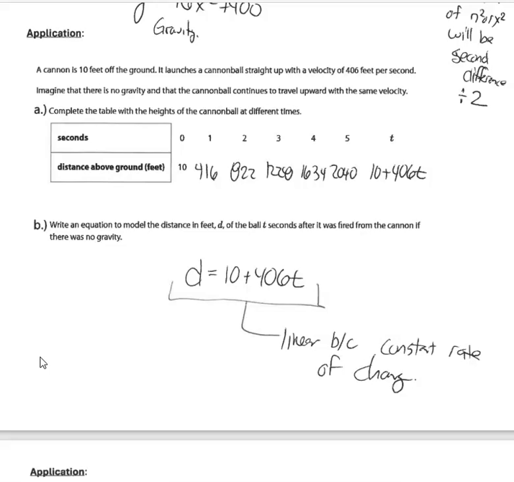And like I said, it's linear because it is a constant rate of change. So that situation was taking gravity out. If you shot it up, let's say in space, far away from anything that had a major gravitational pull, it would just continue forever at 406 feet per second.